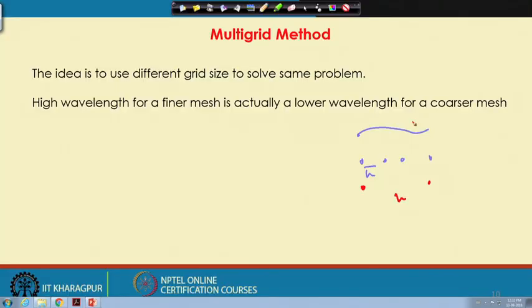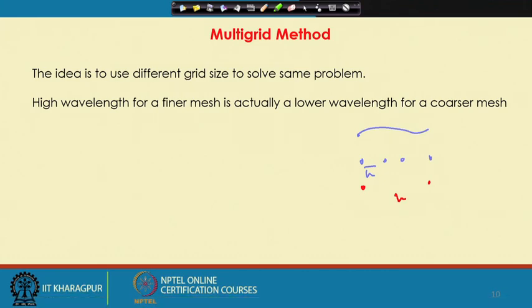Because this is a geometric method, you already know the geometry over which you are solving the equations. Generate a large grid spacing background mesh over it and solve the equations on that, so that you can very quickly solve the large wavelength solutions, and then go back to the finer mesh and correct the smaller wavelength errors, which are faster to converge, and that is the trick.